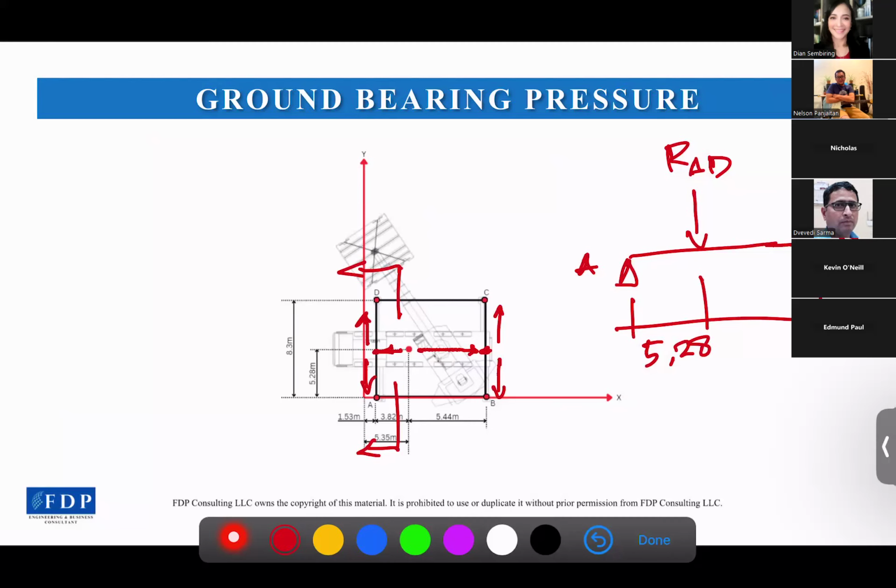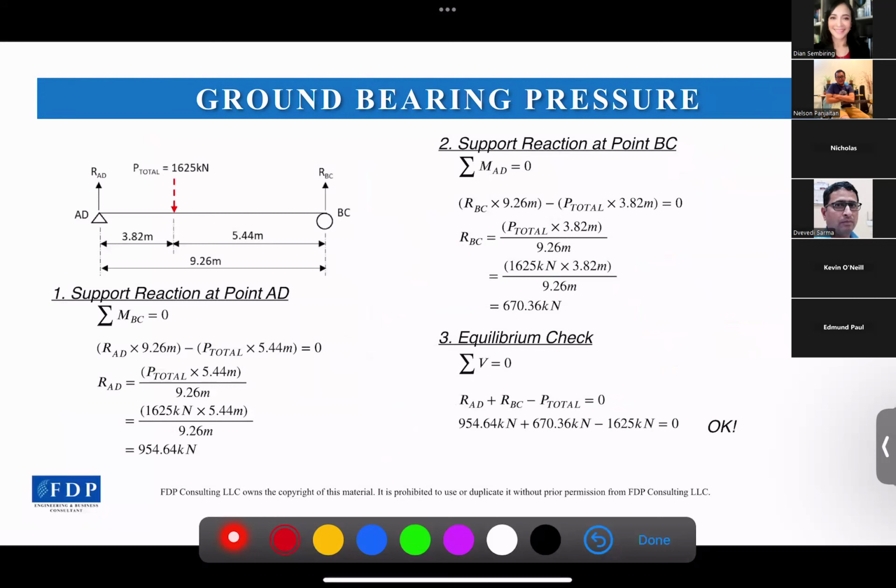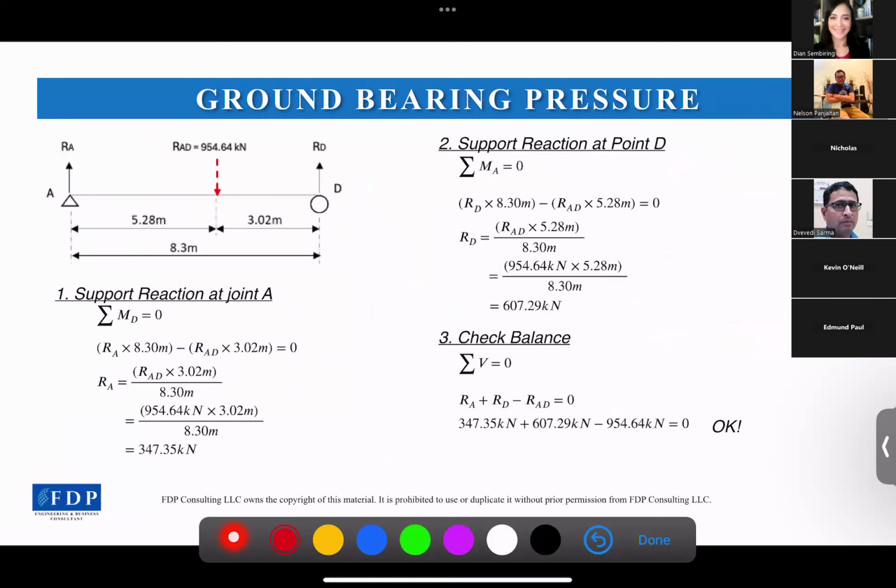So this will be 3.1 1 2. And then we can calculate the reactions at A and D by using the combined reaction RAD that we have calculated.